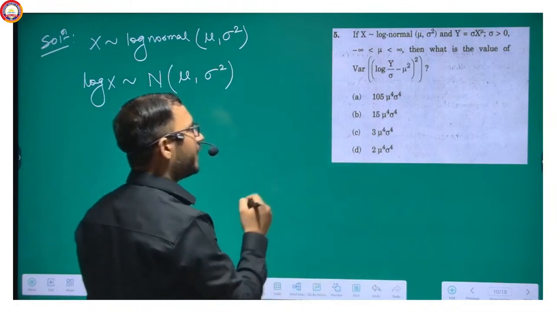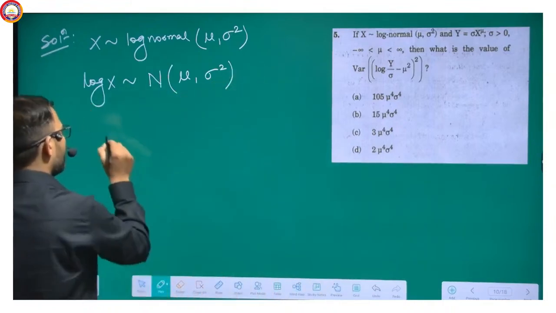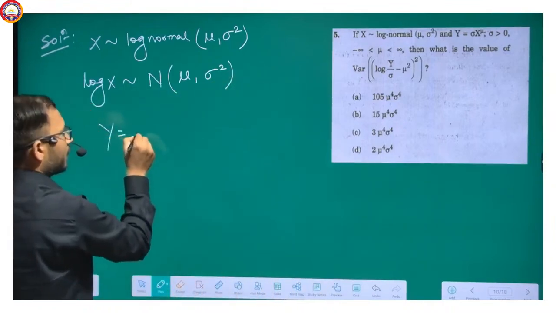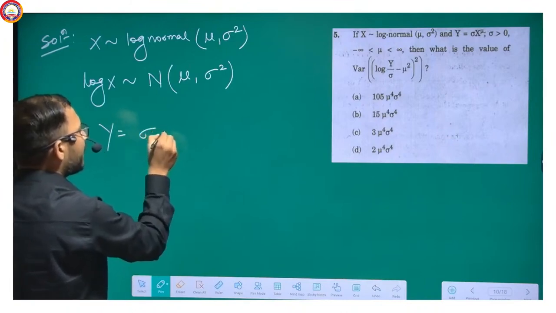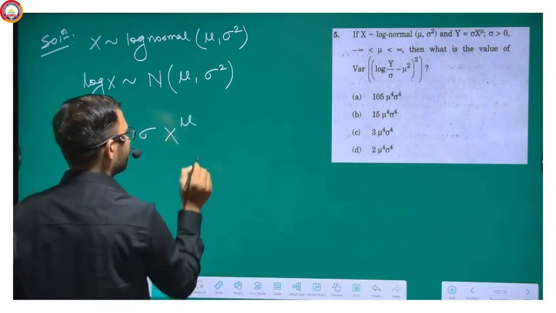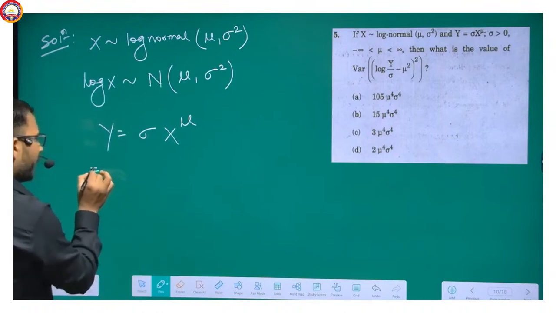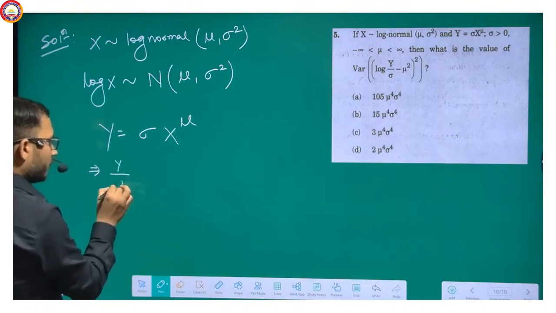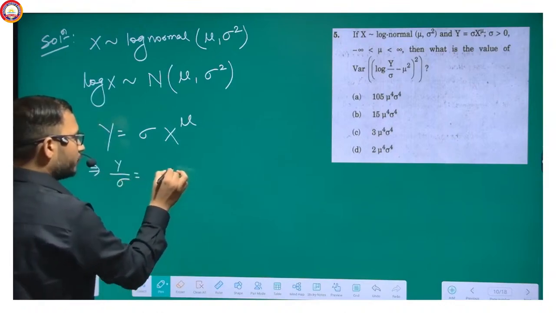Now coming to the next one, we have given Y equal to sigma X to the power mu, and this implies Y upon sigma will be equal to X to the power mu.